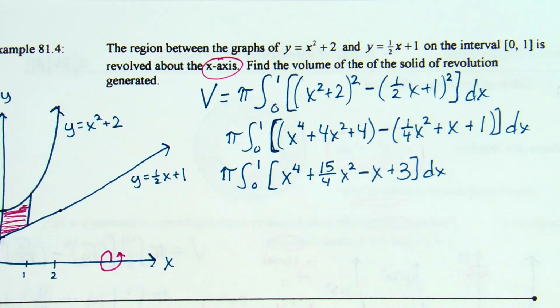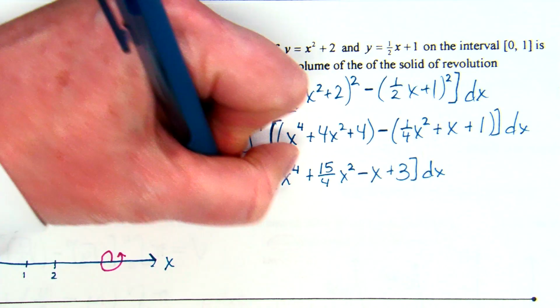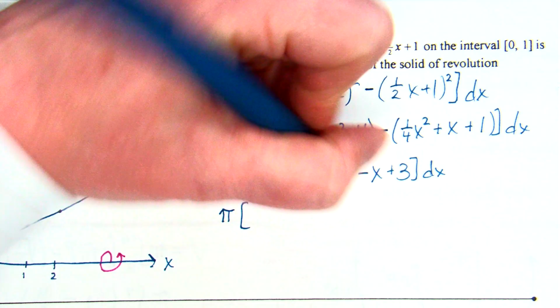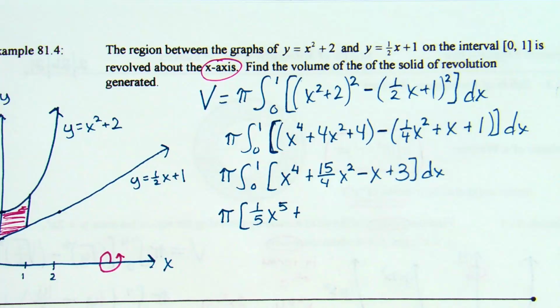Keep carrying that pi down so you don't forget about it. Okay, integral of x to the fourth is 1/5 x to the fifth. Integral of 15/4 x squared is 15 over 12 x to the third.